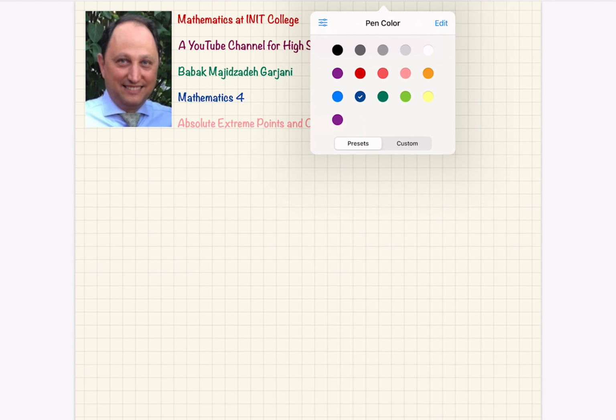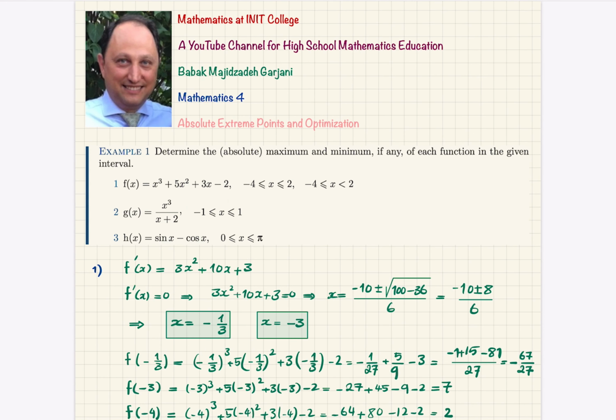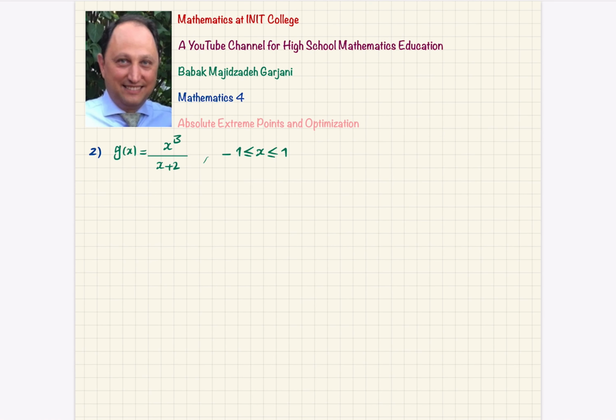Number 2, so the function is g of x equals x to the 3 divided by x plus 2, and the interval is this one. Okay, let me double check that it's okay. Yes. Okay, what should I do here again? I need to take the derivative of my function, but I have to use the quotient rule here.